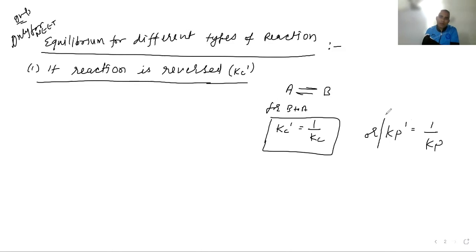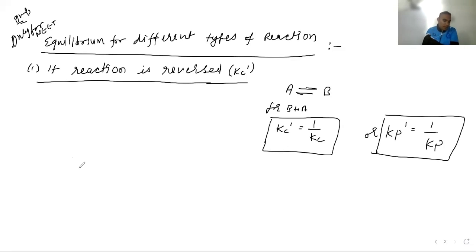This is very important. A to B means Kc, but B to A means Kc dash, and Kc will be given, and then you can calculate.